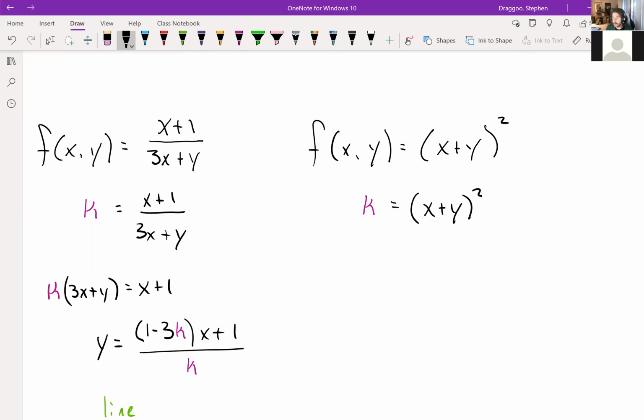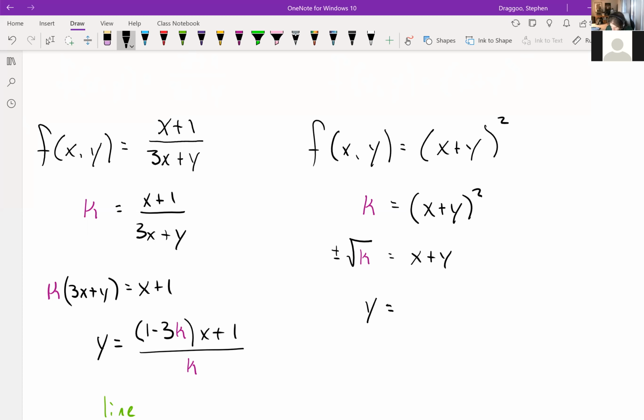So here I've got x plus y squared is equal to k, which means that x plus y is equal to the square root of k. Maybe I get a plus or minus on here. Probably I do, actually.